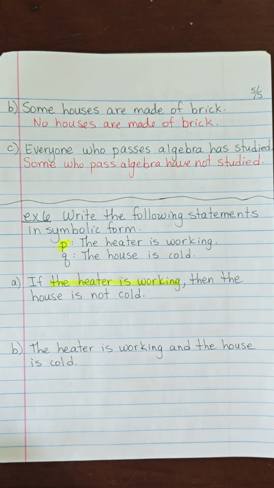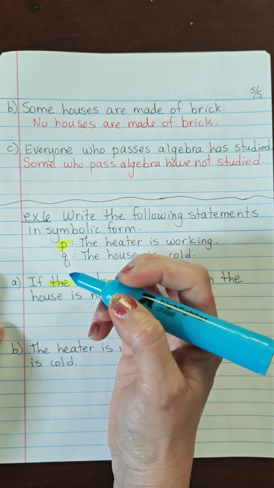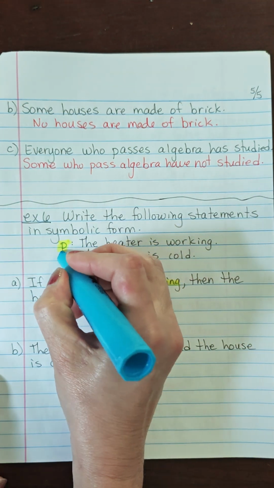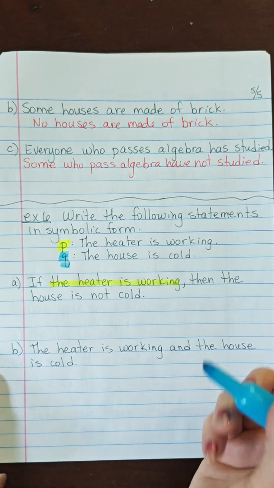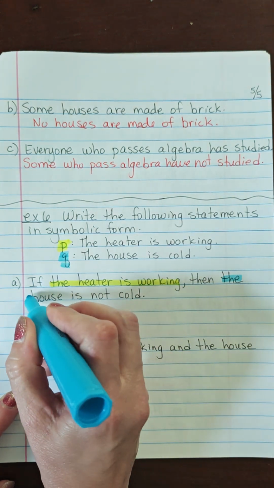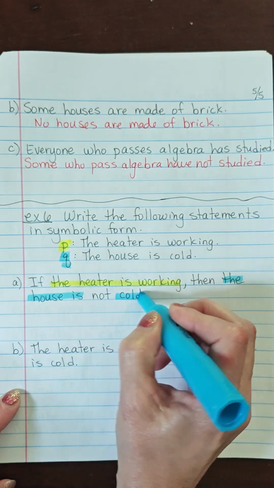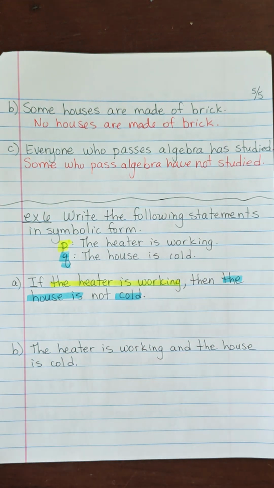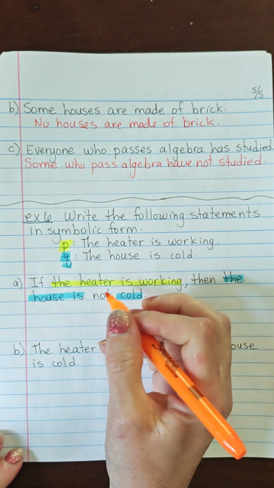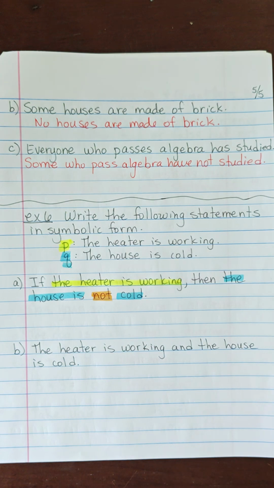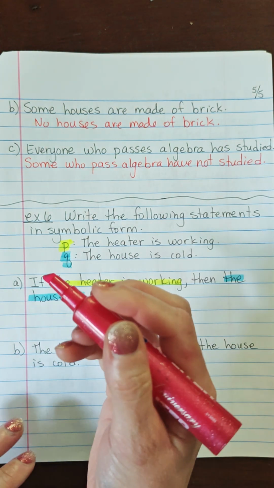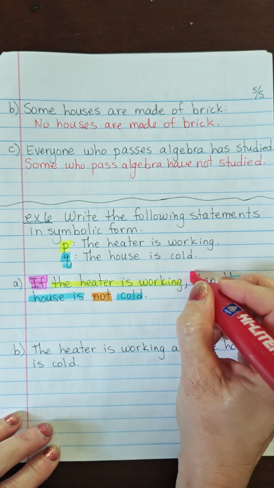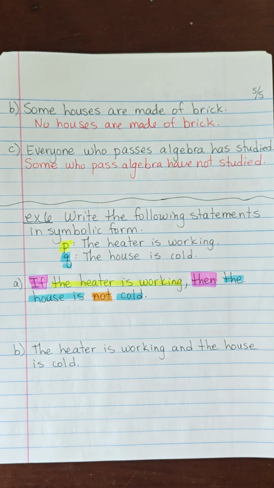So that is statement P. Then we have statement Q, which is the house is cold. We have the word not creeping in here on us. And we've got the connective of if then. Okay, so we're really going to have to dissect this.